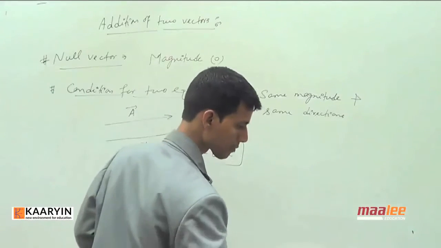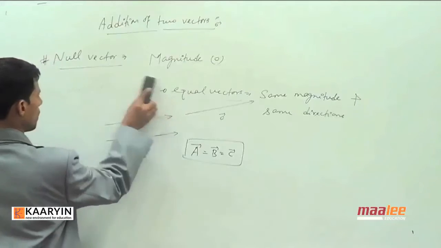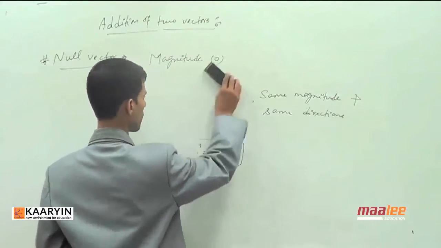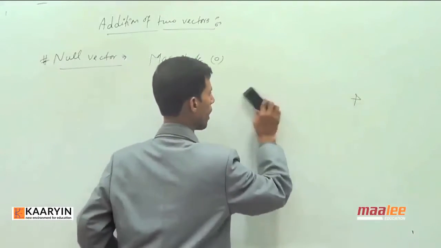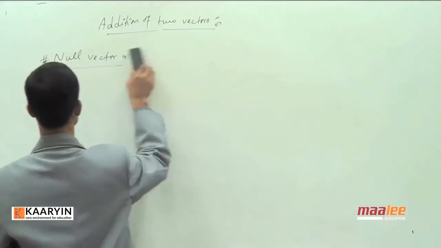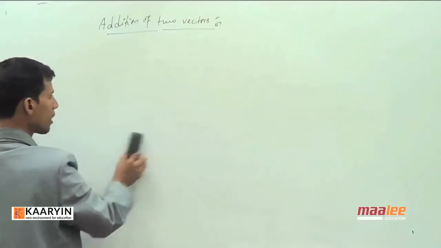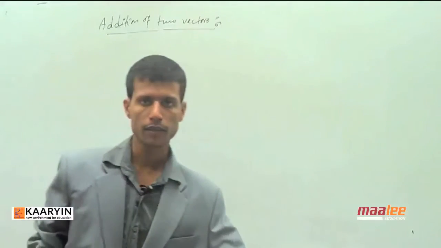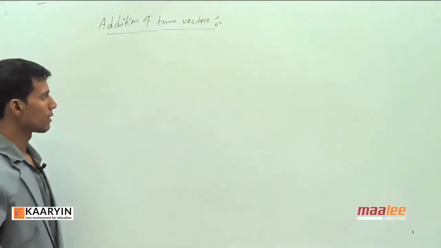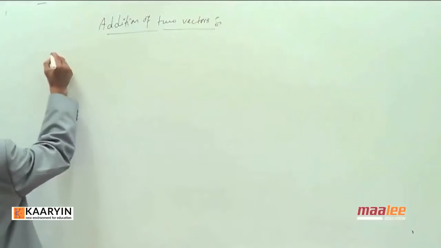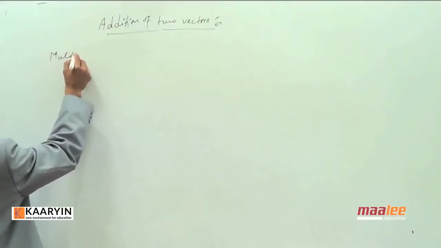Now we will see what happens if you multiply a scalar quantity, that means a number, with a vector.